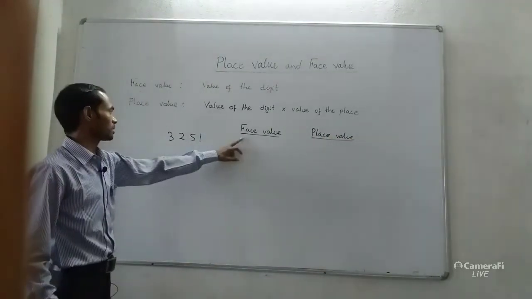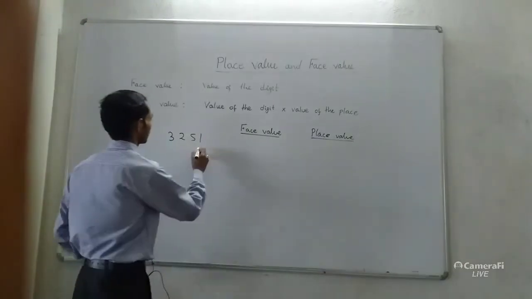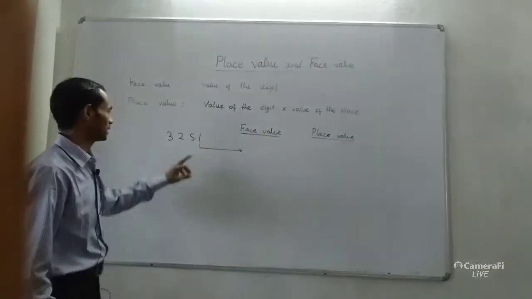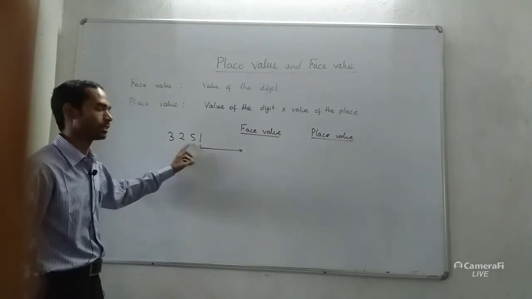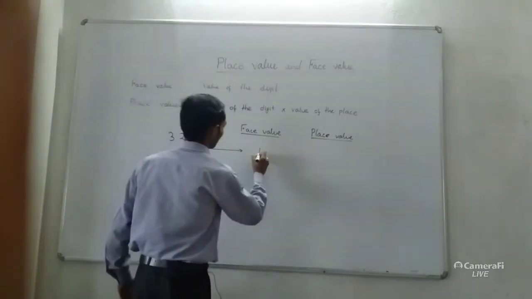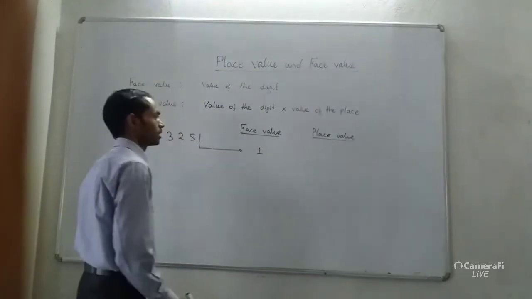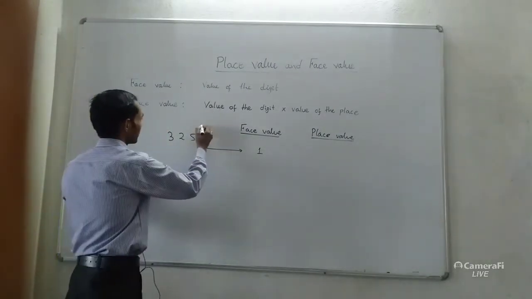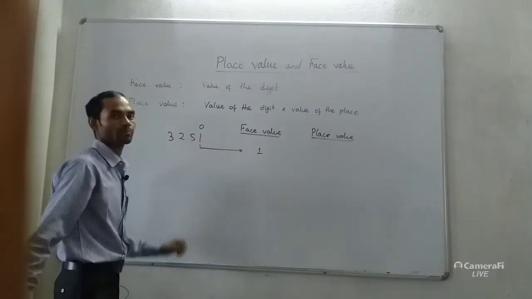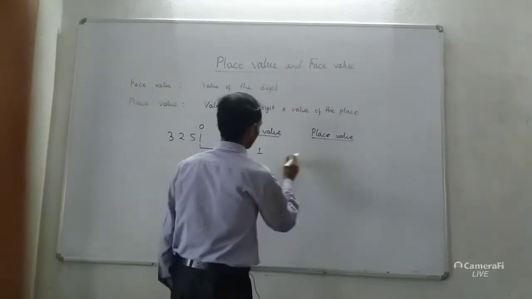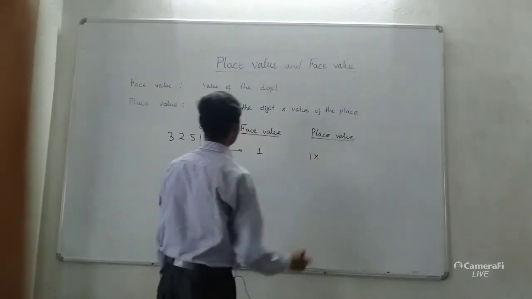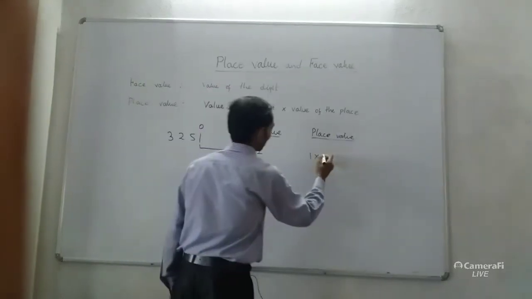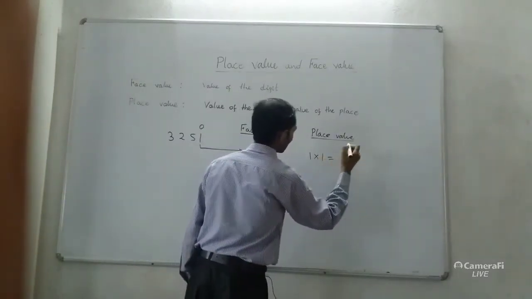First, face value of 1. Face value of the digit is the digit itself, that is 1. And what will be the place value of 1? 1 is at the 1's place. So the digit into the value of the place, 1 into 1, is 1.